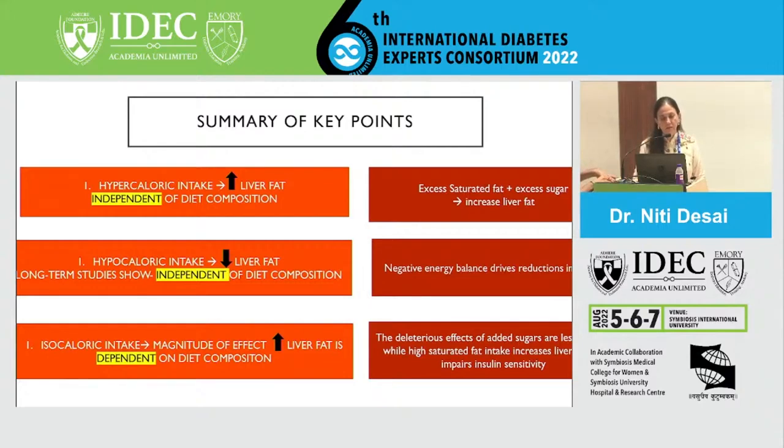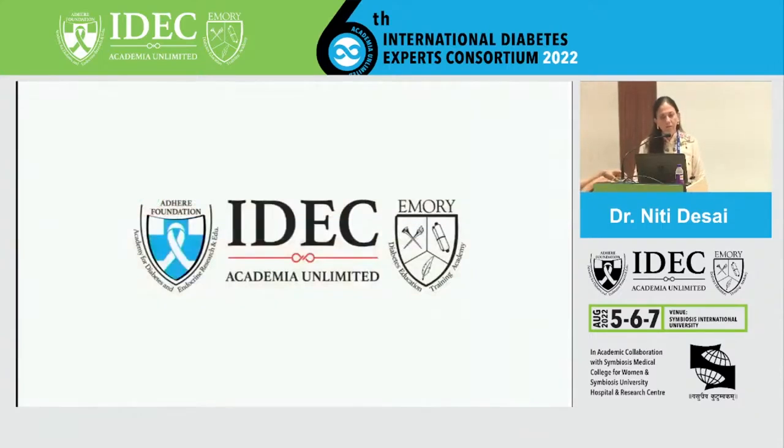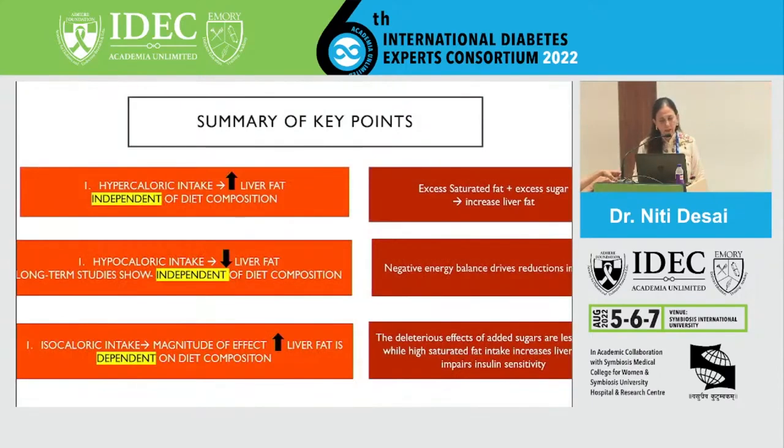The calories just need to be low, there needs to be a negative calorie balance, and you will see the reduction in liver fat. If the diets are isocaloric and they are compared, the magnitude of effect depends on the diet composition. And here, the deleterious effects are seen most with saturated fat, followed by the effect of sugars.